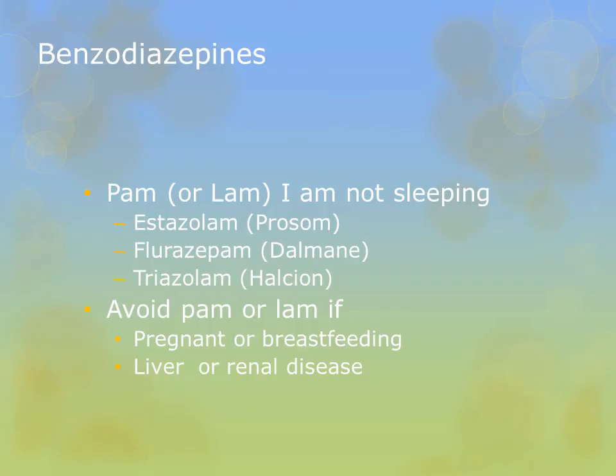So hopefully this helps you remember how to recognize this, whether it's on a unit exam or on NCLEX or whether it's a new order that you just received from your healthcare provider. So if it ends in PAM or LAM, it's probably a benzo, and benzos are used for sleeping or anxiety.